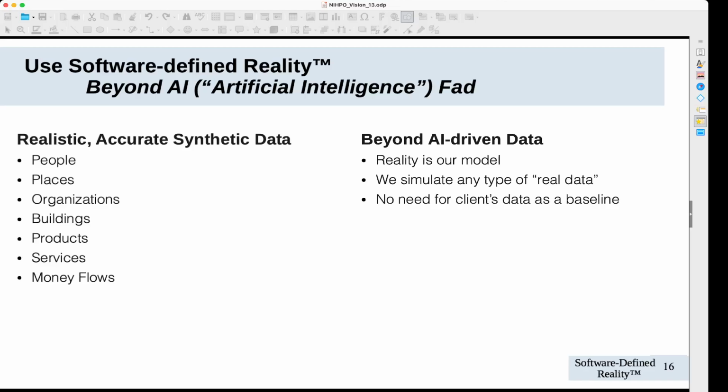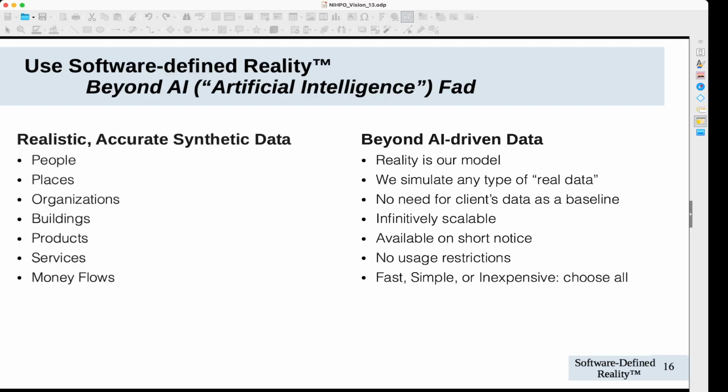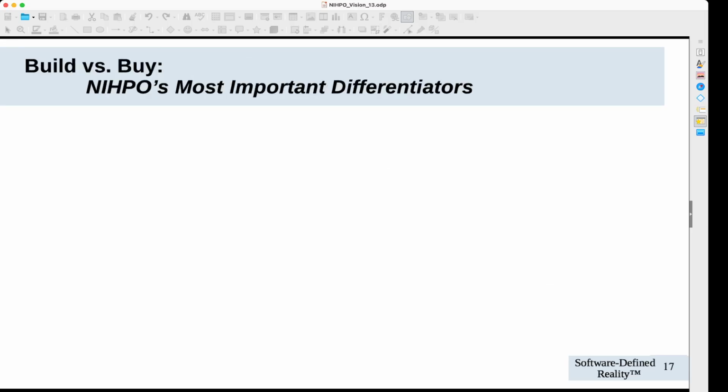So again, your data is privately and securely kept by you. Our data is infinitely scalable because we just extrapolate from those patterns. It's available on short notice without any usage restrictions. And in our case, you can choose fast, simple, or inexpensive. We give you all three.